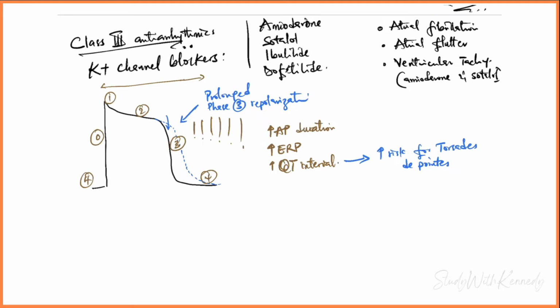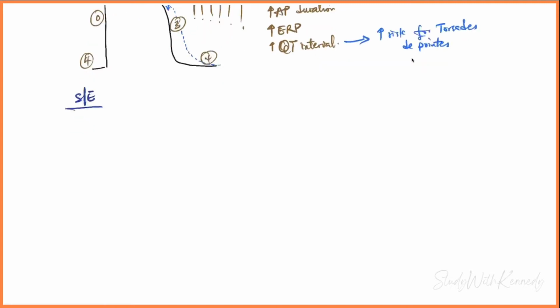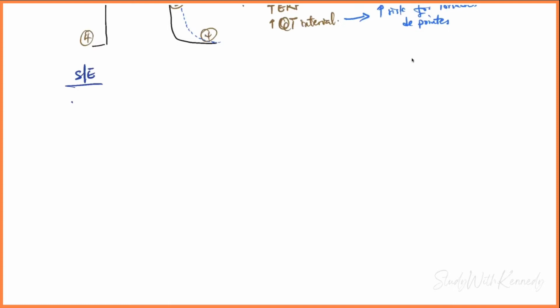The other important part of these medications for your exam is really their side effects. These medications have extensive side effects, and a lot of questions could be asked from this area. The first medication we are going to consider is amiodarone. What you notice about this class is that they are all completely different types of drugs performing class 3 effects.